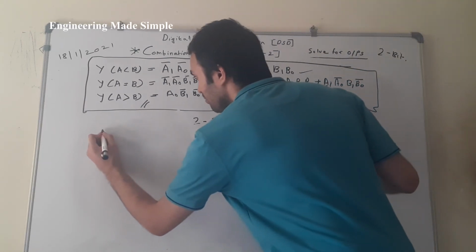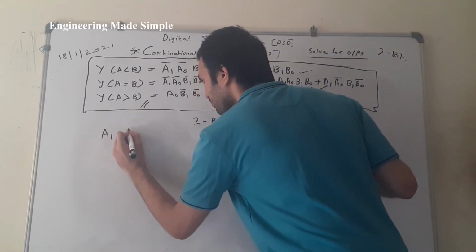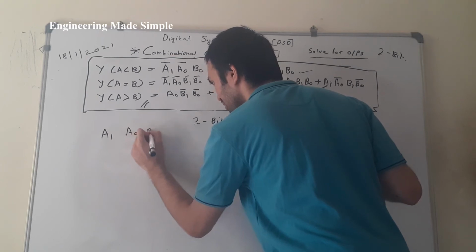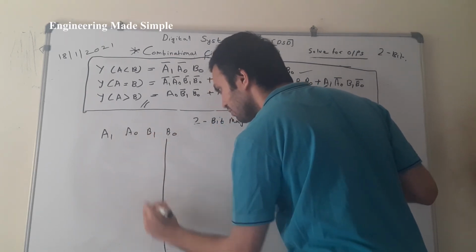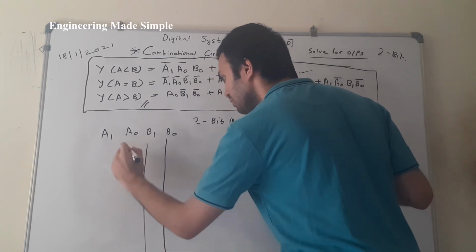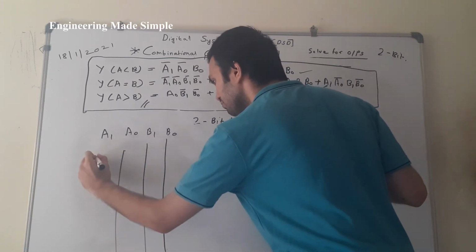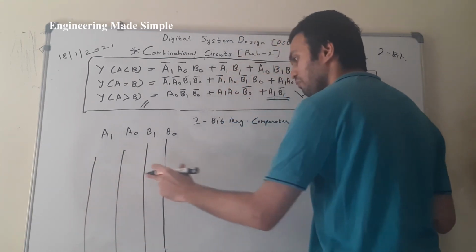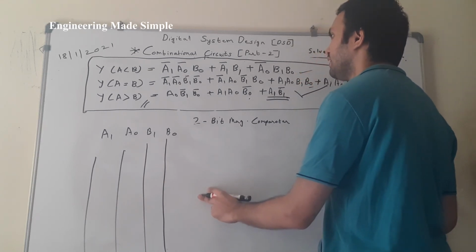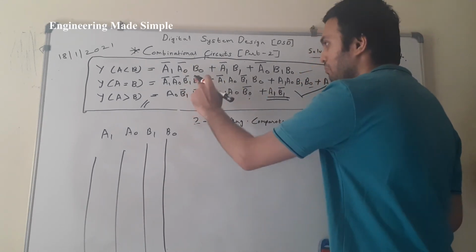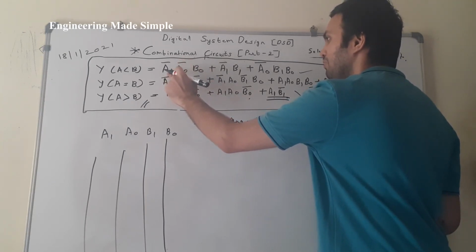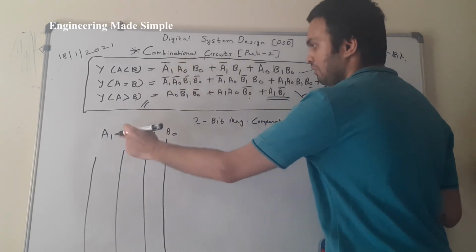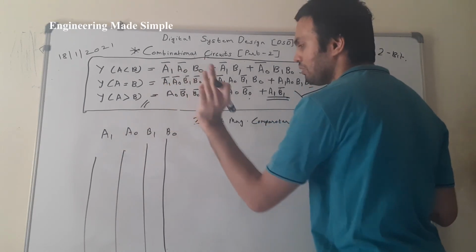So here A1, A0, B1, B0. Four inputs are there: 1, 2, 3, 4. So these are the four input lines. Now as you can see, the complements of these inputs are also required. We require A1 complement also, B1 complement also.